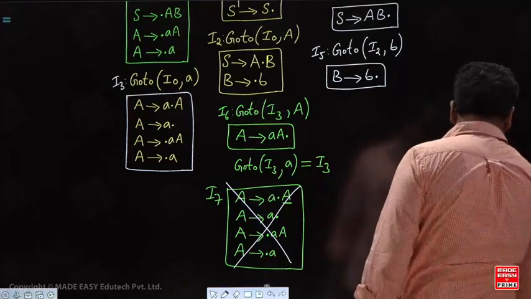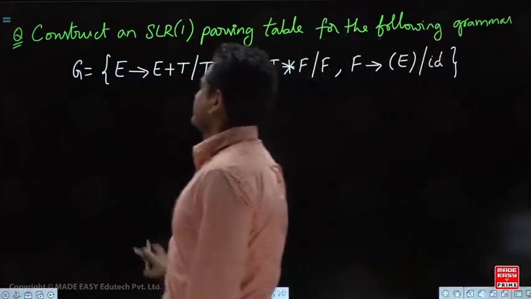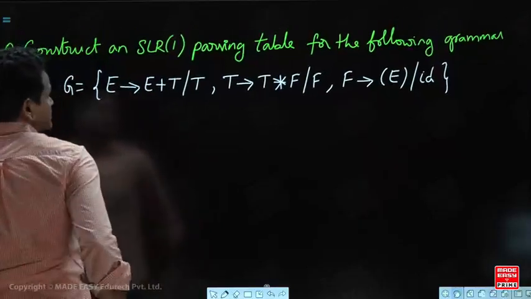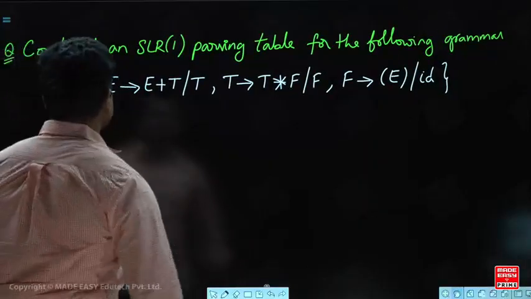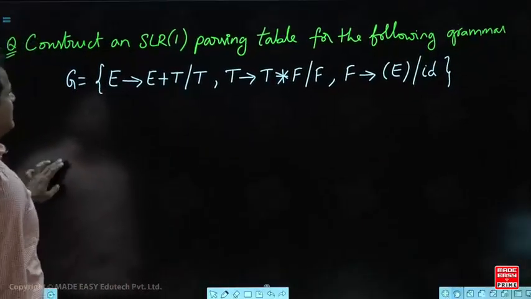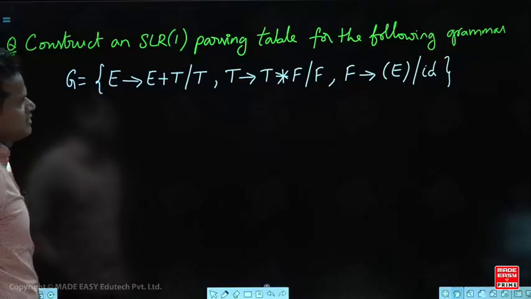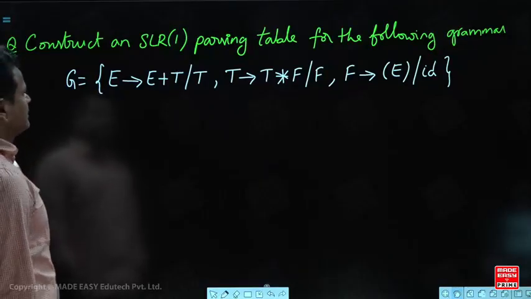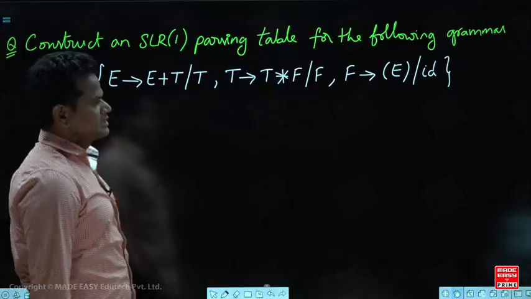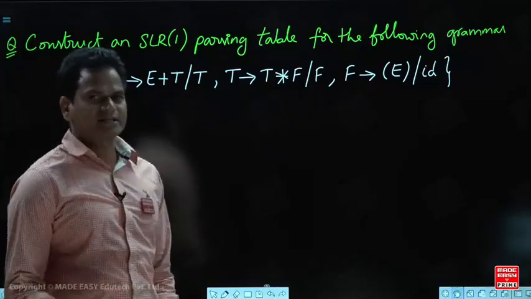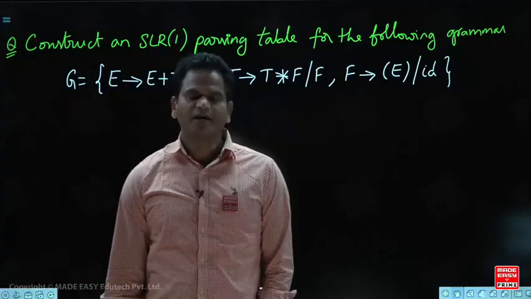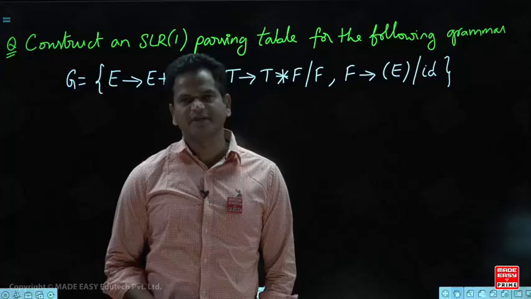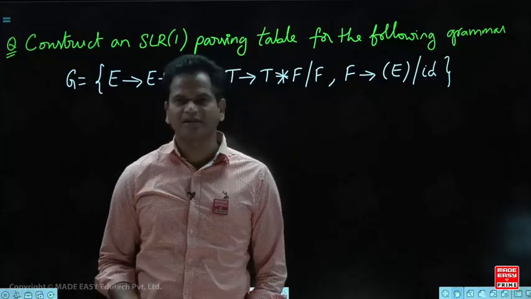we'll do the standard question. Okay, stop giving messages. Construct an SLR(1) parsing table for the following grammar. It is the standard question. For this standard question, we consider the parsing table. Once we construct the parsing table, then only we can say whether it is SLR(1) or not.